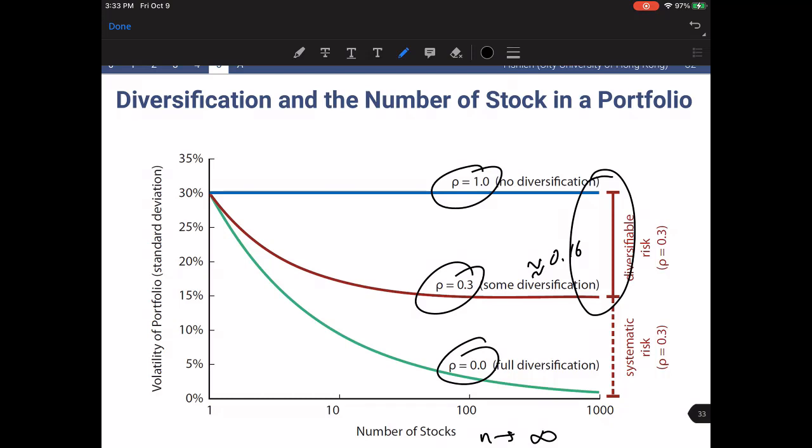So anything that's left is what we term the systematic risk, the undiversifiable risk, and this is the risk that should be used to determine our discount rate for risky returns.